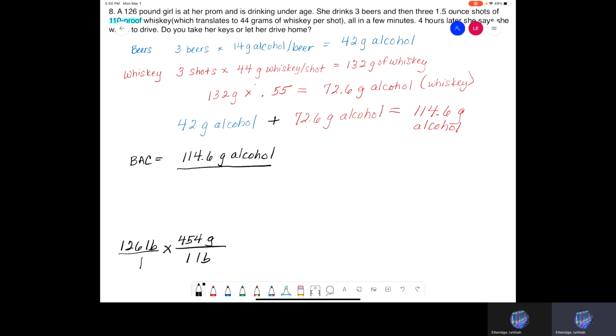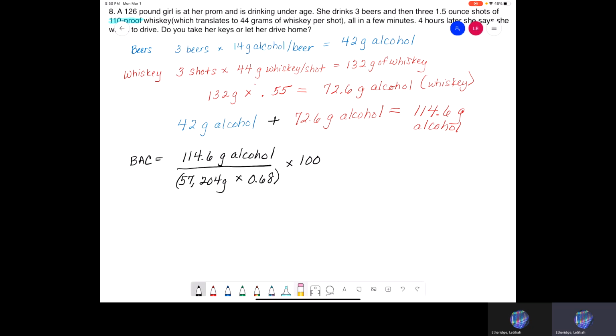So 126 times 454, we end up with 57,204 grams. That is the number that goes here. She is a female, so that is going to be 0.68 because she is a female. Make sure you multiply by 100.